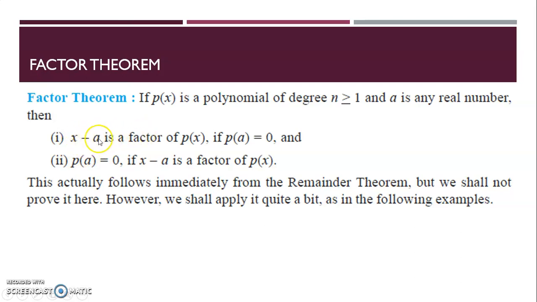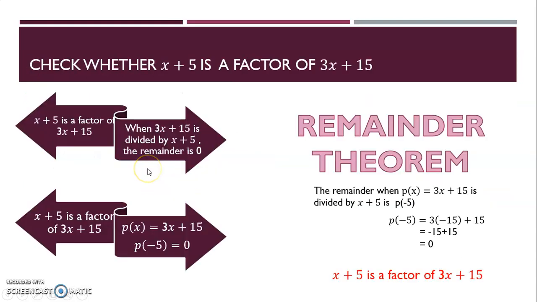So if p of a is equal to 0, then x minus a is a factor of p of x, and if x minus a is a factor of p of x, p of a will be equal to 0. I hope you understood.